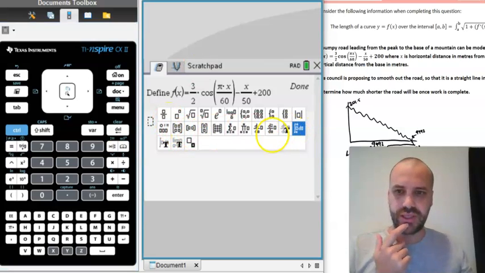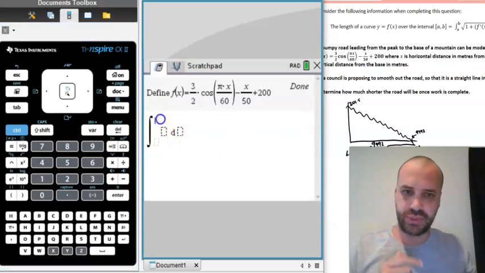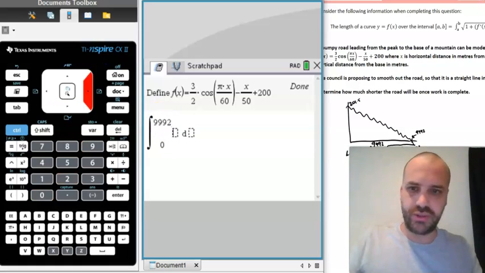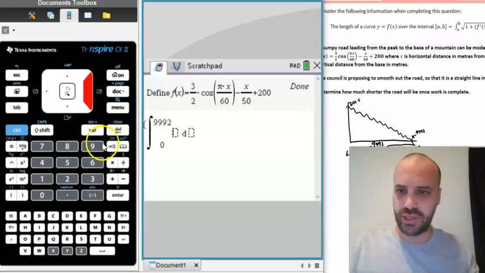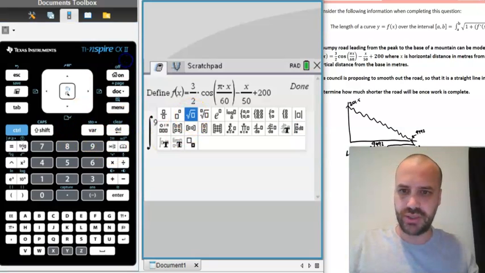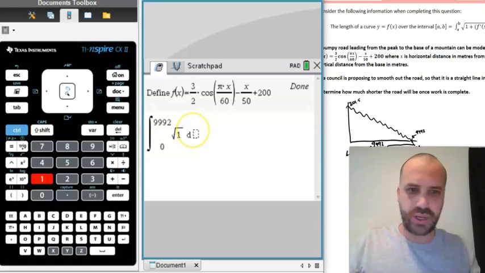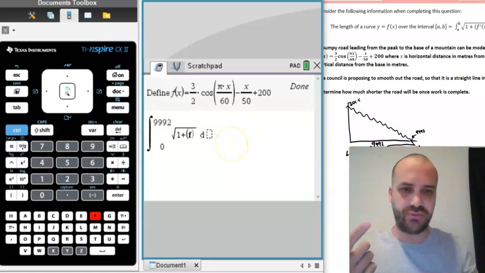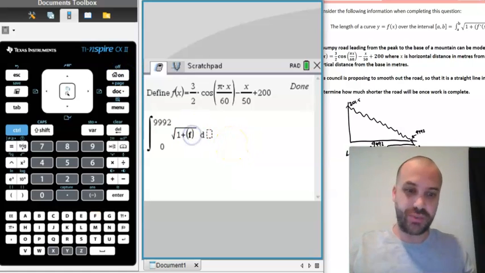So I'm going to do the integral between 9992 and 0 of the square root, need a square root here, of 1 plus, and then in brackets, I'm going to call on the function f. And when we do that, we don't just type f, we type f of x. All right, so we have a function of x.